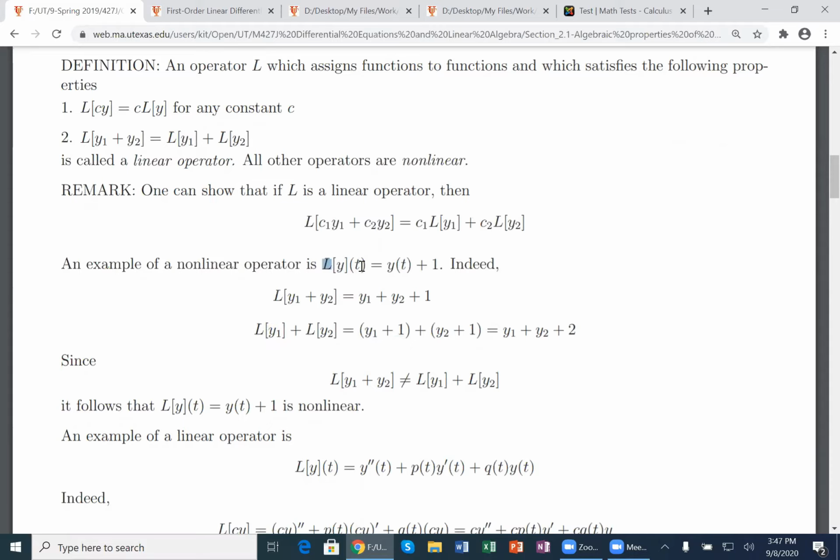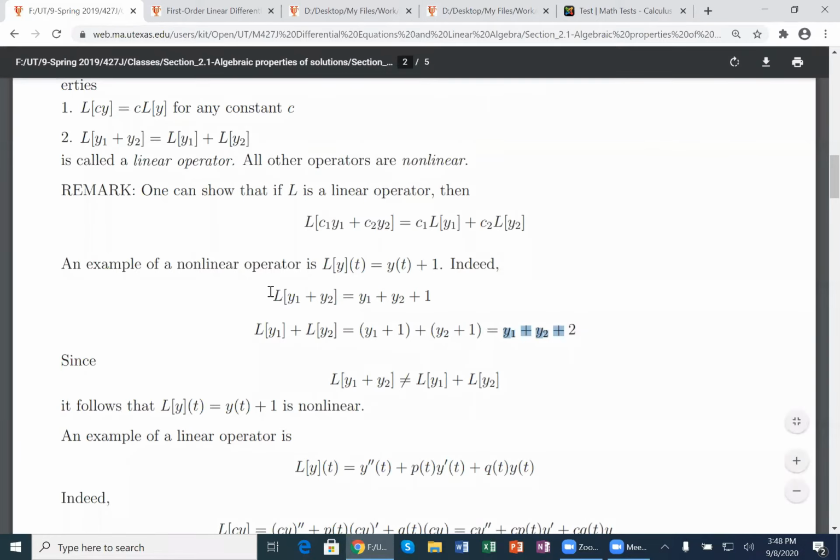Similarly, by this, L of y2 is equal to y2 plus 1. Now, 1 plus 1 is 2. Conclusion, L of y1 plus L of y2 is equal to y1 plus y2 plus 2. The left-hand side is not equal to the right-hand side, therefore L is not a linear operator.